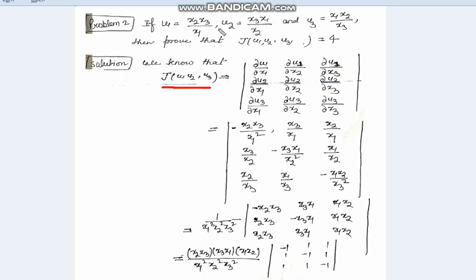Again, partially differentiate u1 with respect to x2, treating x3 and x1 as constants. We get the partial derivative of x2 equal to 1, so its value is x3 upon x1. And in the same manner, we will calculate all the values of the partial derivatives of u2 and u3.